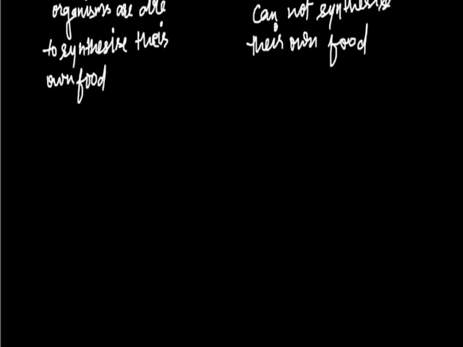So first of all, we have the autotrophic type of mode of nutrition. It is a mode of nutrition in which organisms prepare their own food. Then, how can an organism prepare its own food?